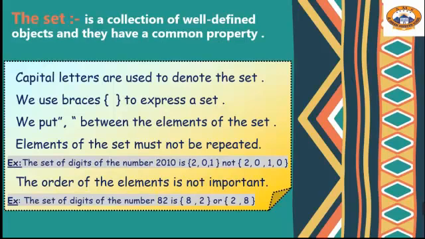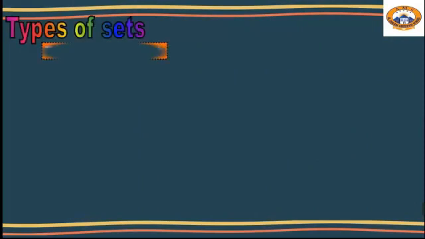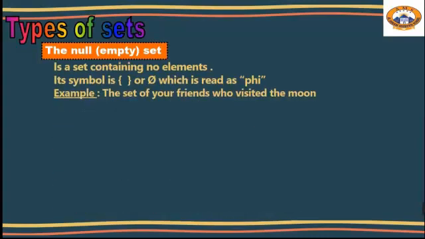Let's remember the types of the sets. How many types do I have for the set? I have 3 types. First, the null set or empty set. The null set has no elements. It's empty. How can I write it?